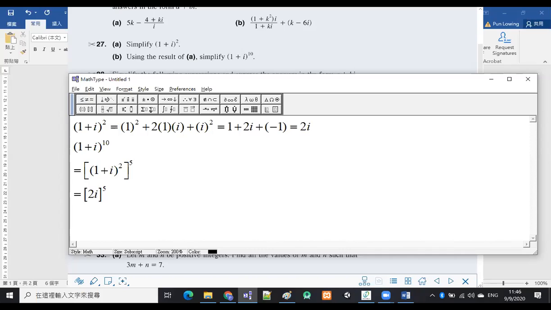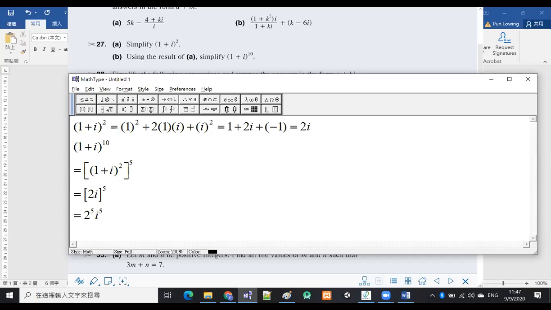So I just change the (1 plus i) squared to be 2i by using the result of part A. And now it is much more simplified. It is just one term, (2i) to the power 5. So the 2 can share the power 5, and the i can also share the power 5.